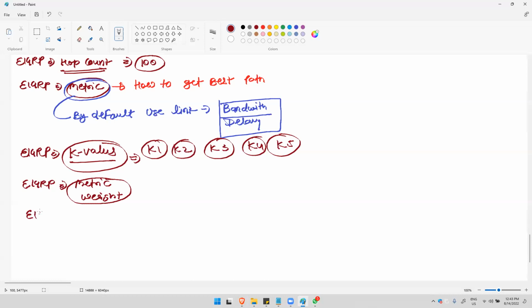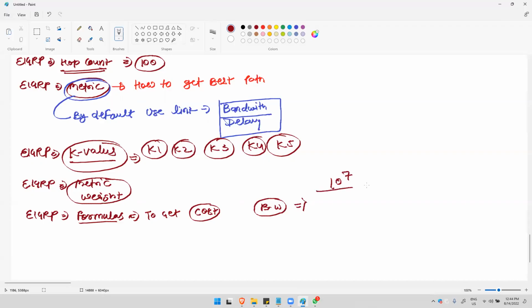Okay. EIGRP uses formulas to get the best path cost from your K values. So the bandwidth formula is very simple. It's a shortcut formula. You can use the big formula also. But this one is my formula: 10 power 7 upon least bandwidth, multiplied by which value? 256.